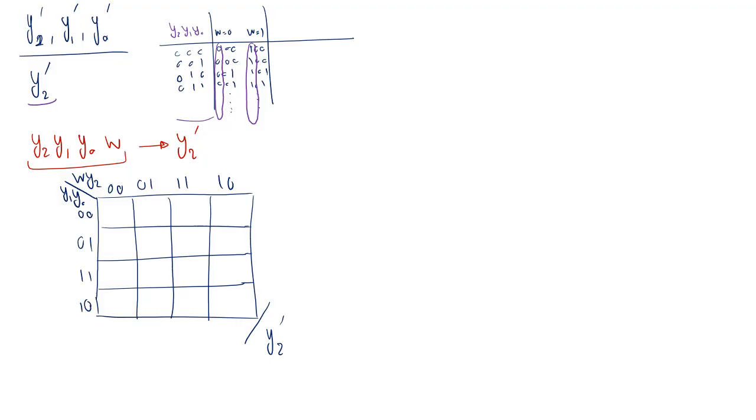Now, looking at this, I can see that for when W is 0 and Y2, Y1, Y0 are 0, I'm looking at this cell, and here is the equivalent of that cell in this table, right? Which tells me that Y2 prime should be 0. Again, for example, this cell has the state 1, 0, 0.